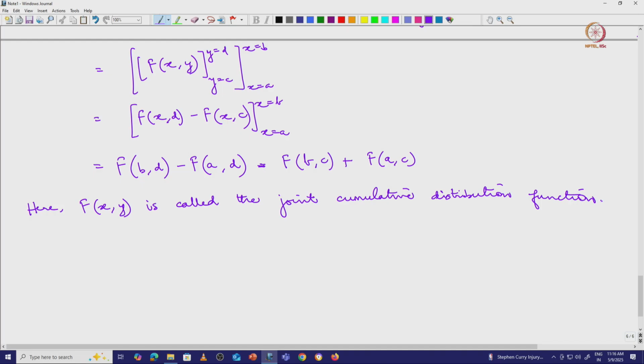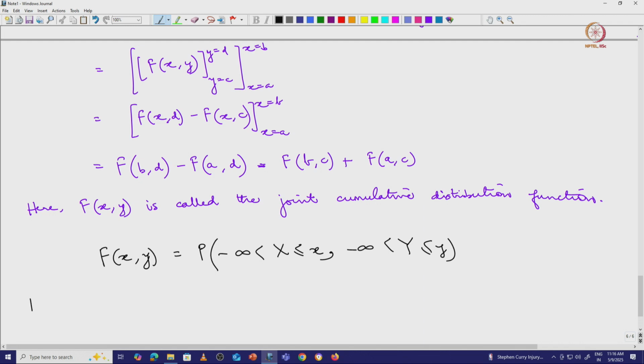In notational terms, F(x,y) is simply the probability that your random variable capital X is less than or equal to lowercase x, and your random variable capital Y is less than or equal to lowercase y.